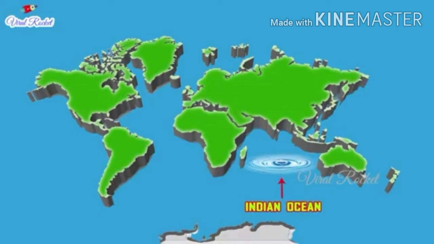Again, the Indian Ocean gets its name from the Indian Peninsula and is found below Asia and between Africa and Australia. Singapore is a busy seaport in the Indian Ocean.